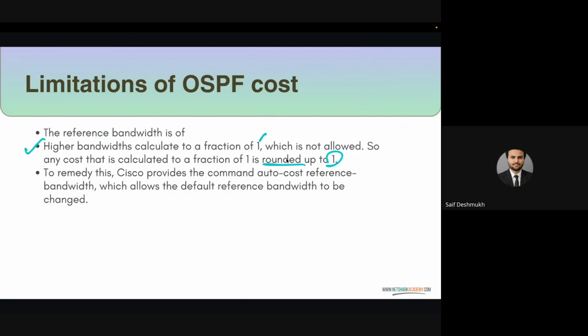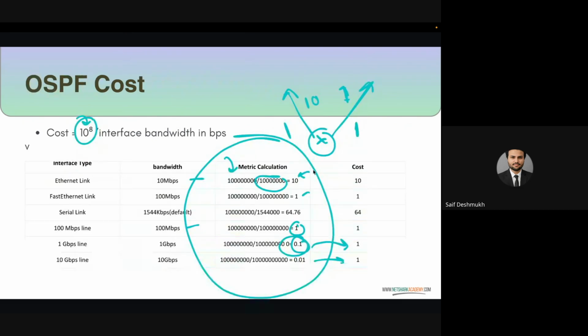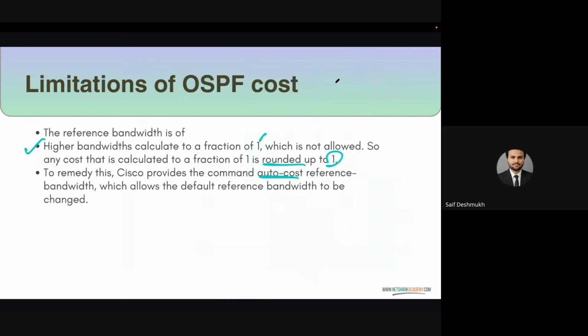Cisco provides the command auto-cost reference-bandwidth, which allows the default reference bandwidth to be changed. From 100 Mbps, you can increase it. You only want to use it in networks where you think there is going to be a bottleneck because of this specific limitation I explained.